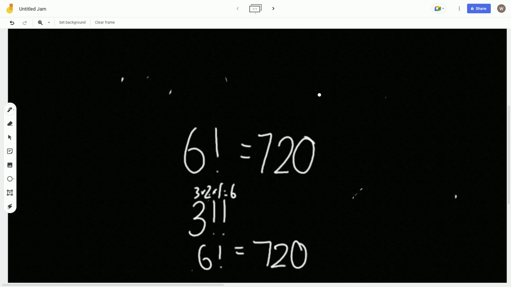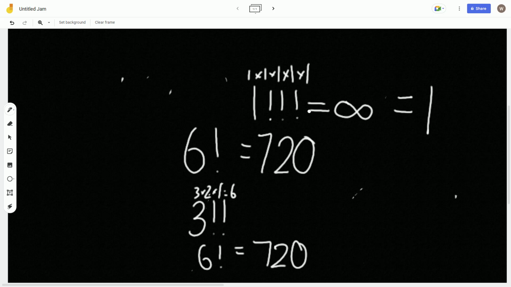But if you use 1 factorial factorial factorial all the way to infinite times, the answer will still be 1, because it's just 1 times 1 times 1.